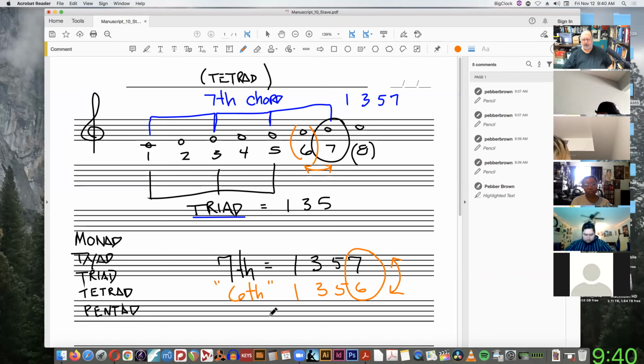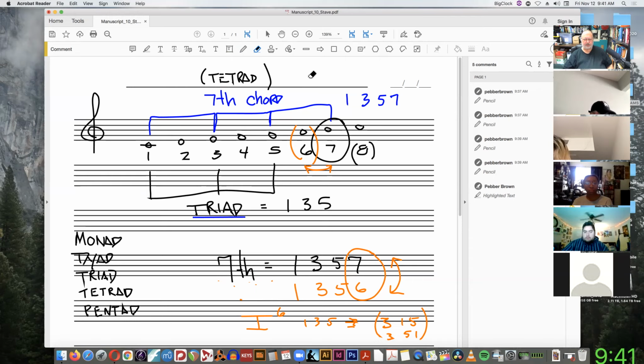Okay, so the problem with calling it a 6th chord is, well, if you have a 1, 6, that's not this chord. That's a 1, 3, 5 first inversion, 3, 1, 5, or 3, 5, 1. So it's not really a 1, it's not really a 6 like that. See, these two are terms that get confused. So what we want to do, we don't want to call it a 6th chord.